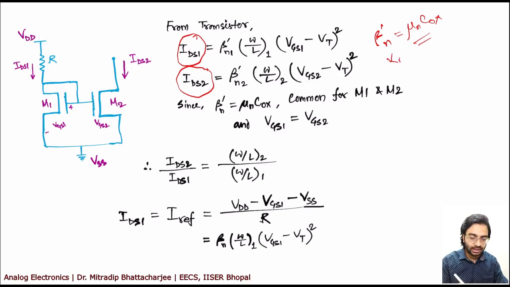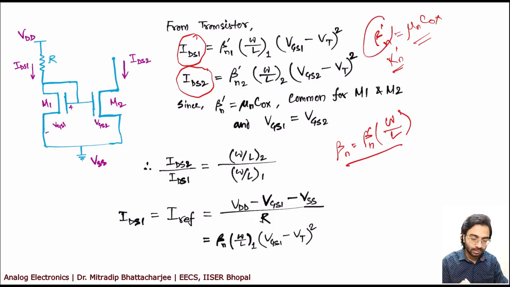Somewhere you will find Kn dash, that I also have said. And what is your beta n? Beta n is beta dash W by L. Okay, so this is the relation of beta n and beta n dash. So your IDS1 will be beta n1 dash W by L1 times VGS1 minus VT. Similarly, IDS2 will be beta n2 dash W by L2 times VGS1 minus VT.